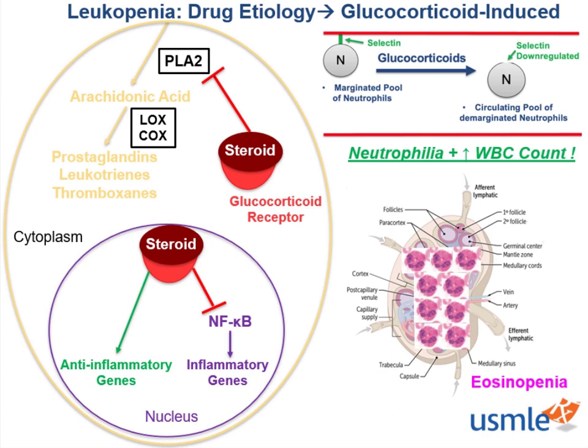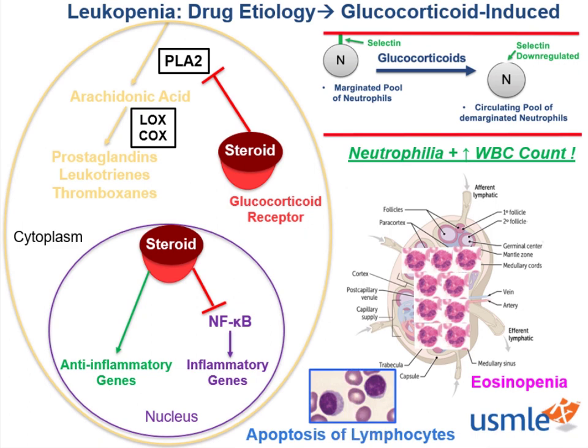Just like glucocorticoids interfered with neutrophil adhesion molecules, the selectin protein above, so too do glucocorticoids affect eosinophil attachment proteins, ultimately sequestering eosinophils within the lymph nodes, reducing the inflammatory response. Lastly, glucocorticoids result in apoptosis of lymphocytes, shown here, as well as monocytes, not shown, all of which decrease the inflammatory response.